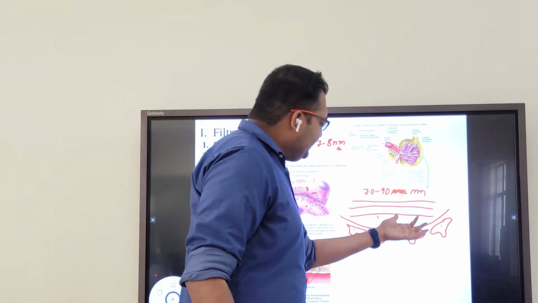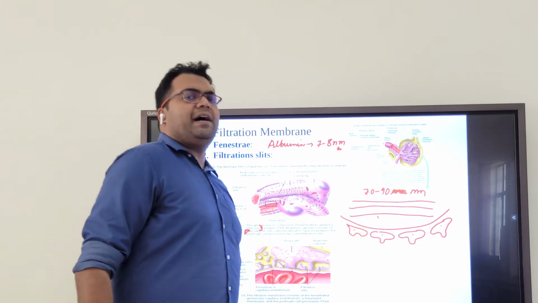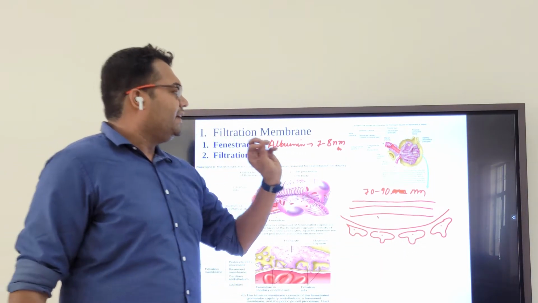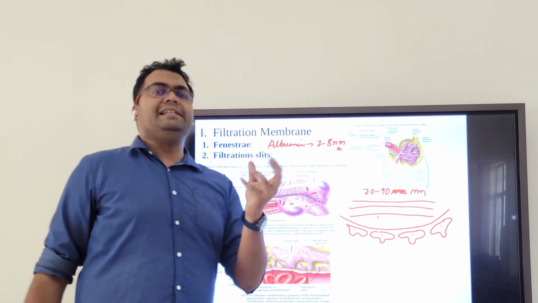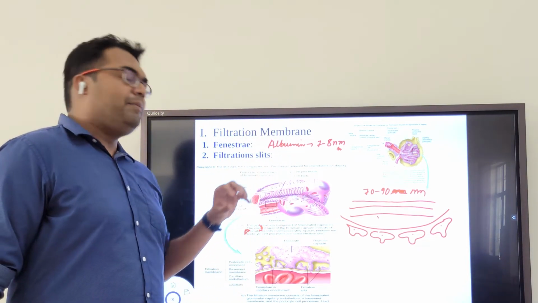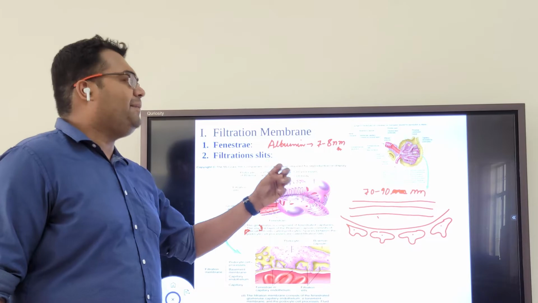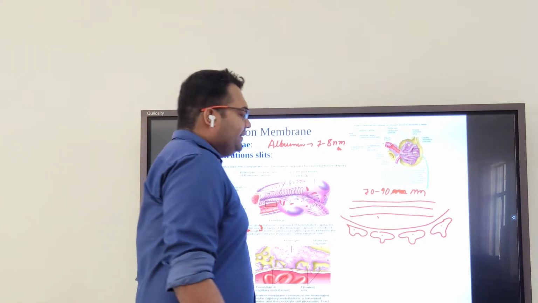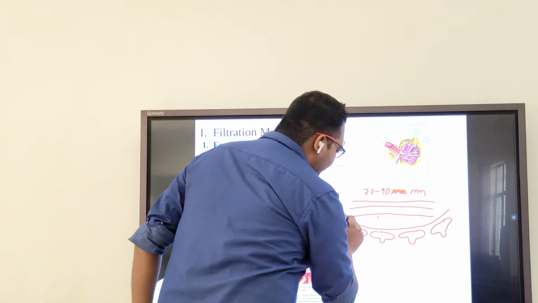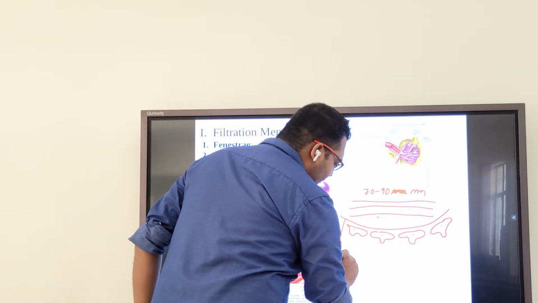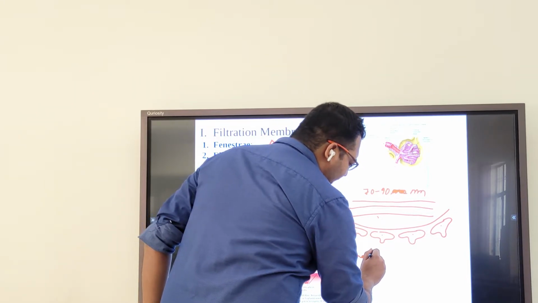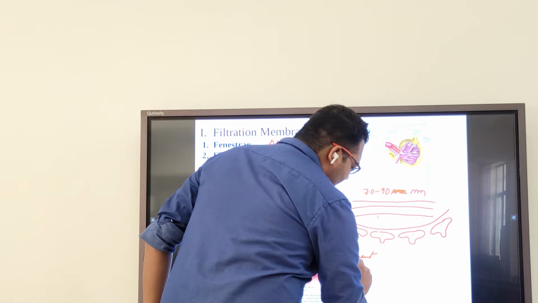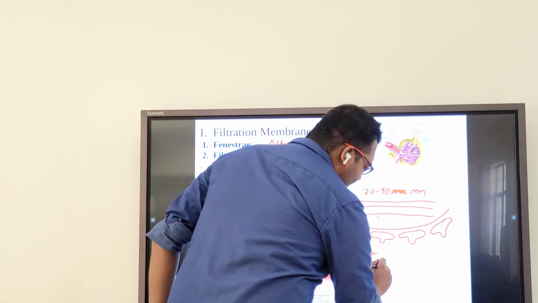Here, these cells are also covered by negatively charged molecules like sialic acids, the glycosaminoglycan group. And then this is the basement membrane. If you know about basement membrane, it is acellular.